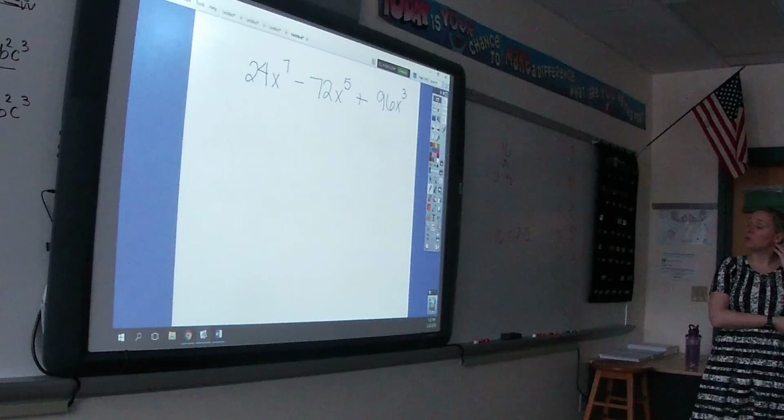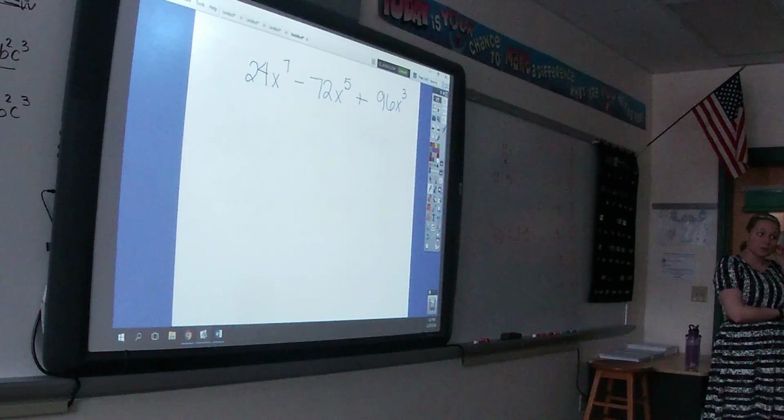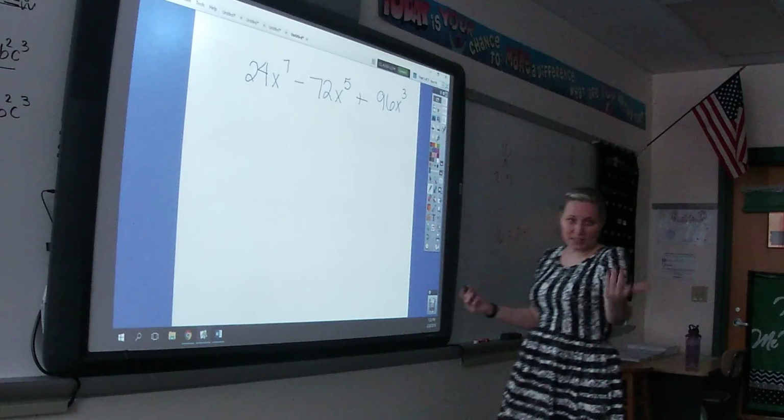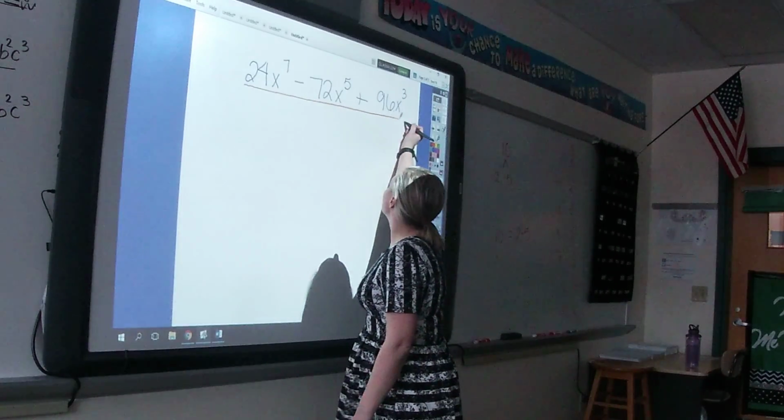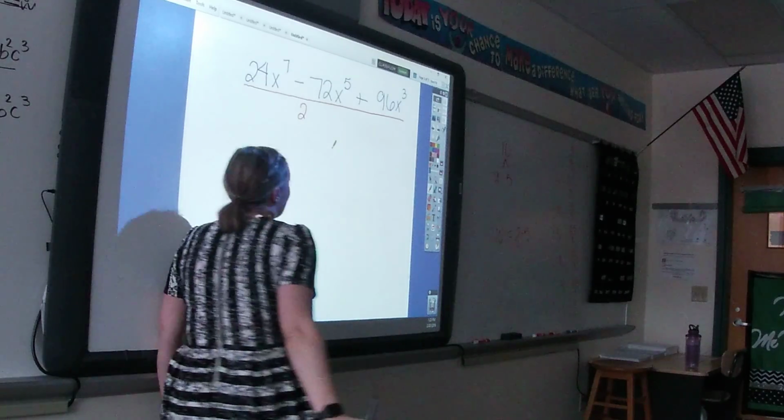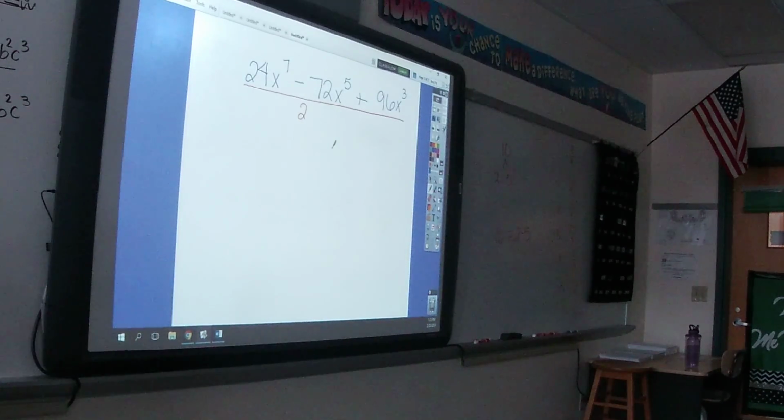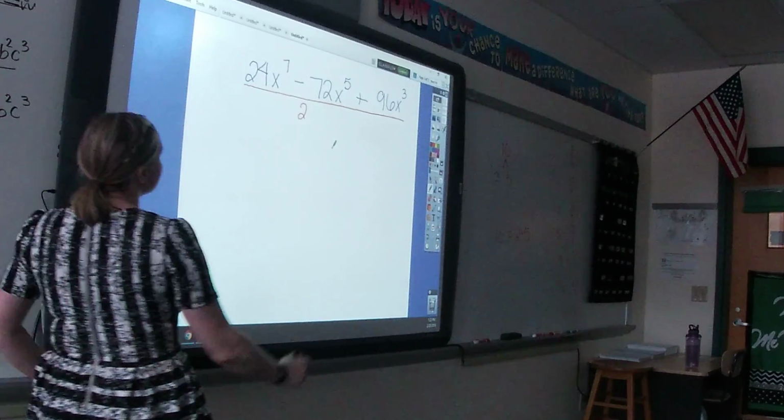So what can we think of that will divide evenly into each of these? 2? Right, you could have picked something else. Do they all have the variable? Yep, smallest exponent.